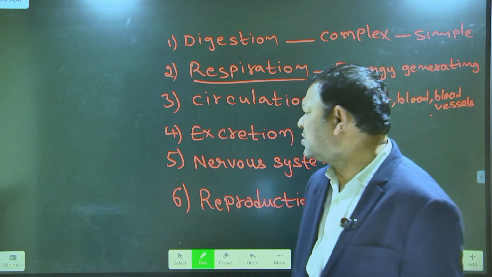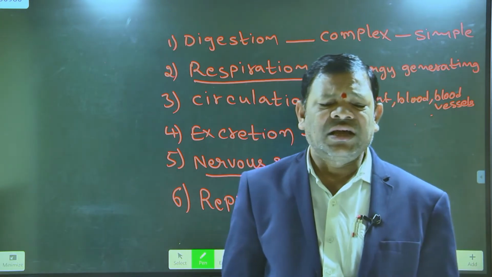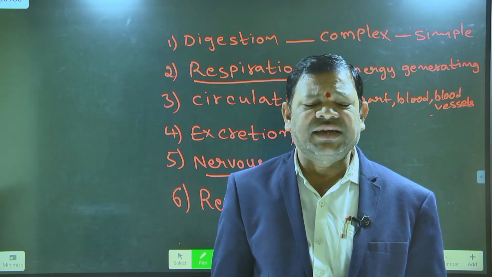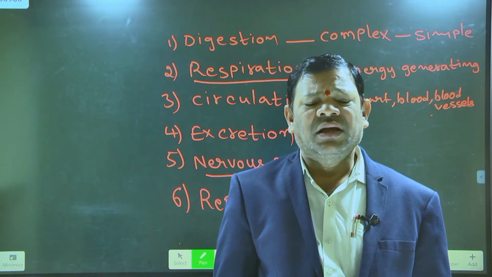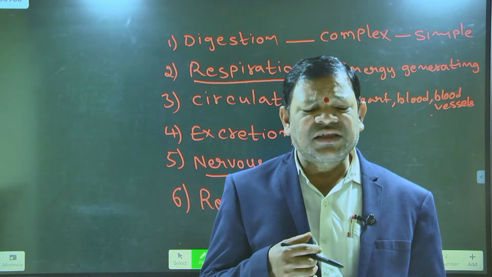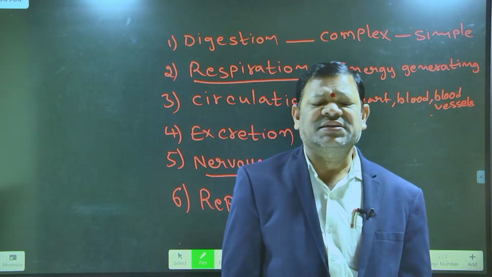Next one is the nervous system. In our human body, control and coordination occur through two types of systems. One is the endocrine system, second one is the nervous system. Within the body, control and coordination occur through the endocrine system.